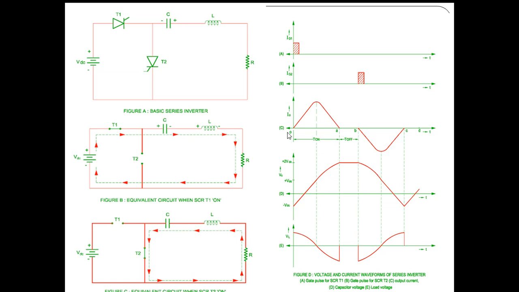During the portion 0 to A, the on period of thyristor T1, the capacitor C charges to 2 VDC, and the load voltage changes from plus VDC to minus VDC. Whenever the capacitor is charging, it stores energy in the form of an electrostatic field.